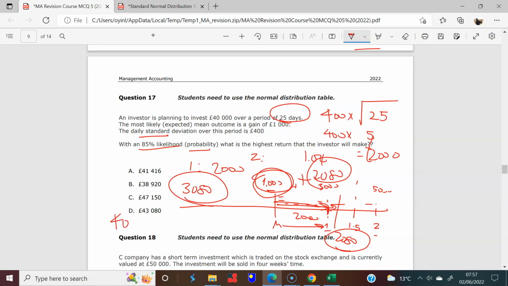Well, if you're planning to invest 40,000, when you add that 85% probability given to us, then you will now have 43,080. So again, I have to recommend watching the video, because at least that video helps you understand what z-scores are about and how we get there, and makes this a little bit more understandable. But some of you might pick it up straight away.